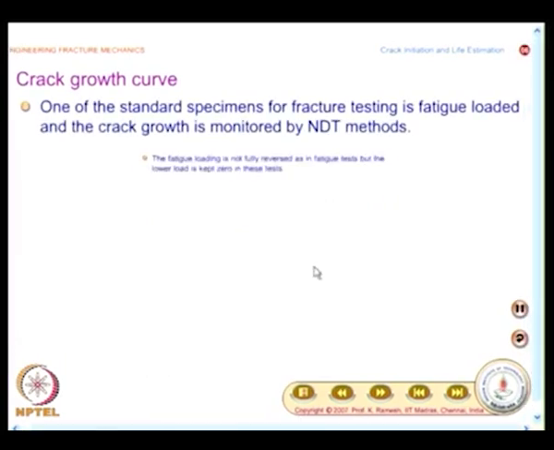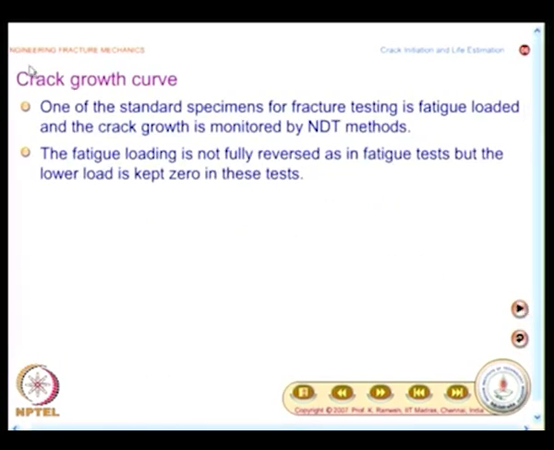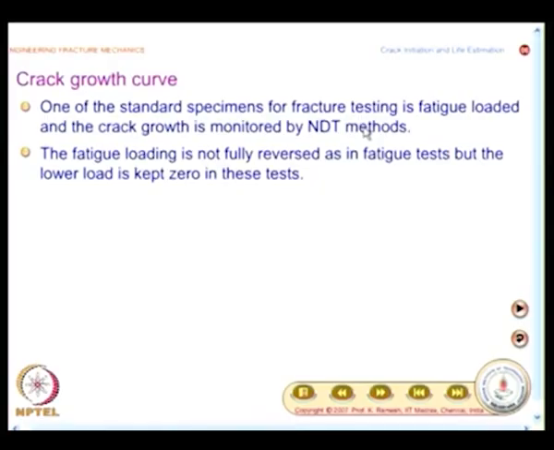People have attempted to get what are known as crack growth curves, and in this what they do is they take one of the standard specimens for fracture testing, which is fatigue loaded, and the crack is monitored by NDT methods. So, the key issue here is you are also making an attempt to see how the crack grows when the test is being performed. So, you are collecting additional data.